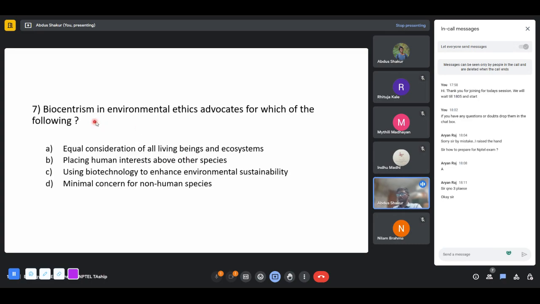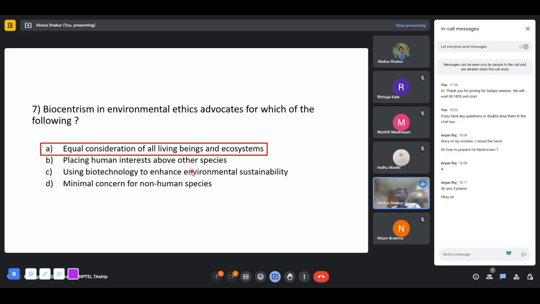Going ahead, biocentrism in environmental ethics advocates for which of the following? So it advocates for having equal consideration for all living beings and ecosystems. It's not giving priority to some species, or placing human interests above other species.